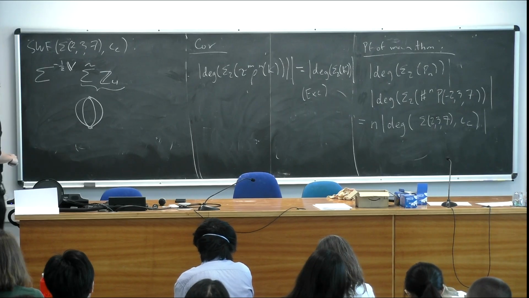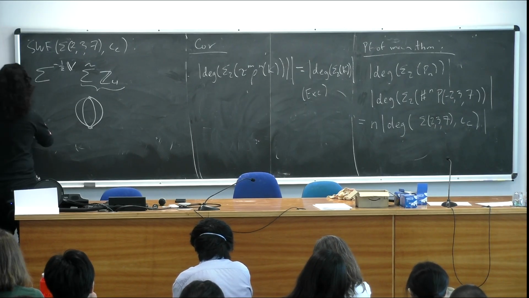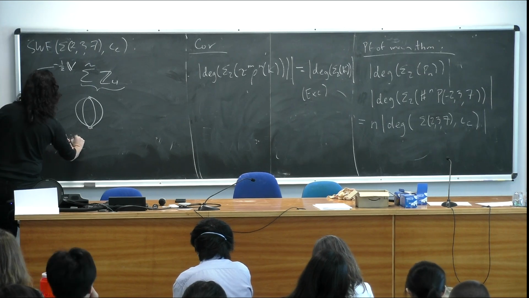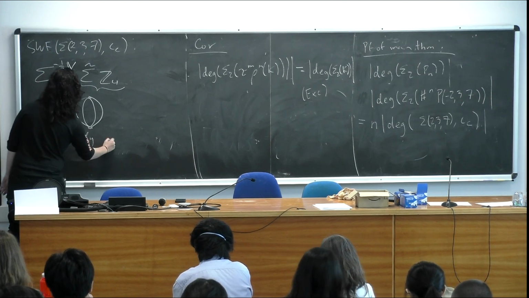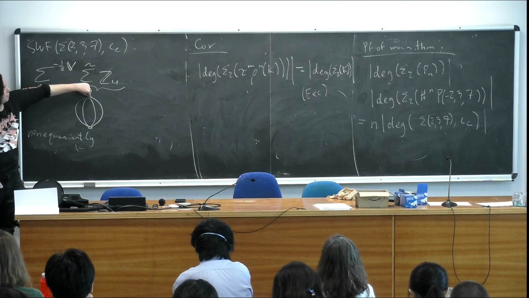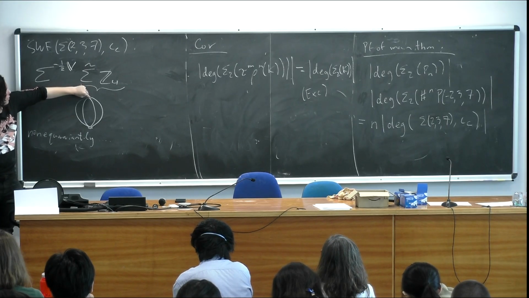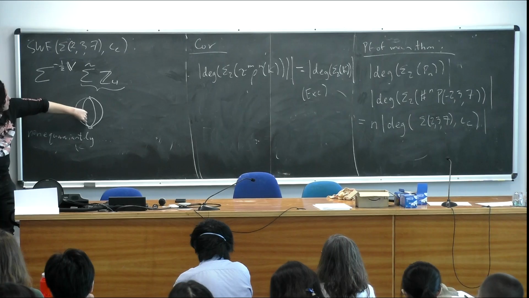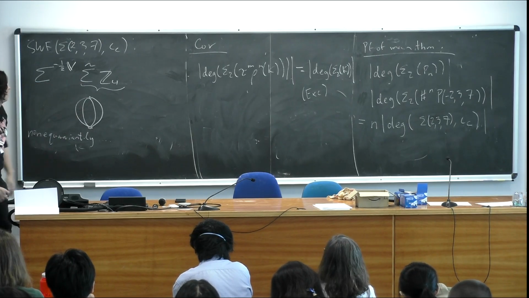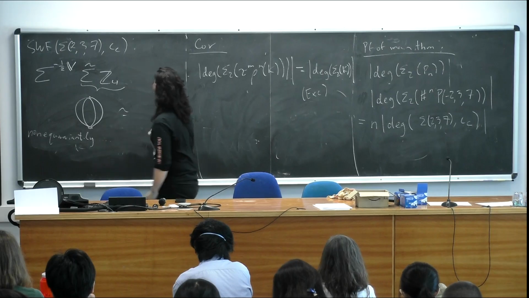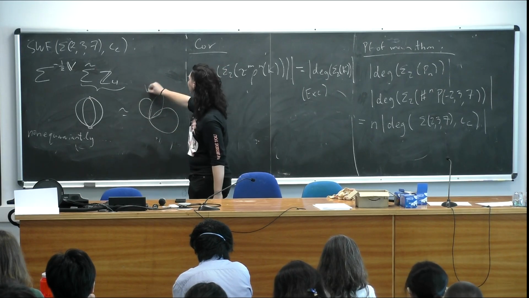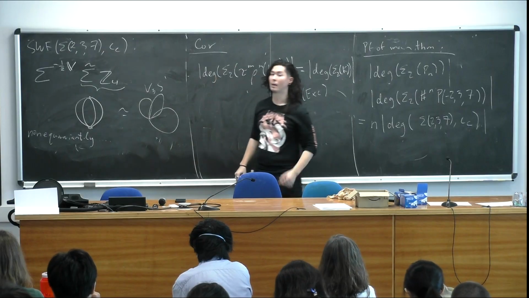Great. Well, non-equivariantly, I could take this top point where they're all joined together and move it down below, and then, if you squint a little bit, this is actually homotopy equivalent to the wedge of 3 circles, non-equivariantly.